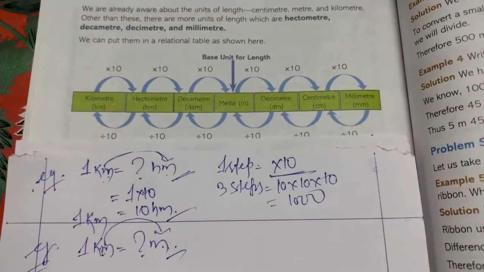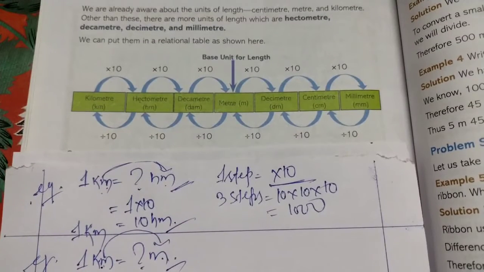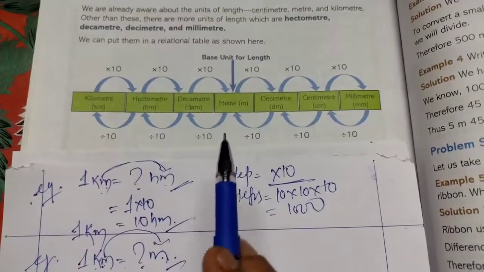Whenever we are moving in the descending order, you have to do the multiplication, and if you have been asked to convert from a lower unit to a higher unit, you have to do the division. That one again I will explain to you, don't worry. So now let us go through this second example. 1 kilometer equals how much meter?